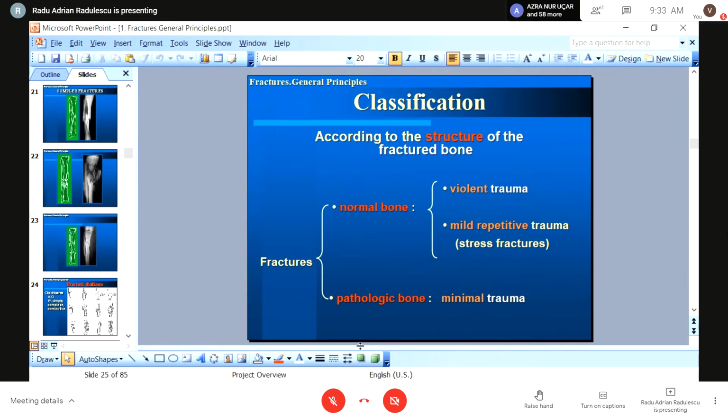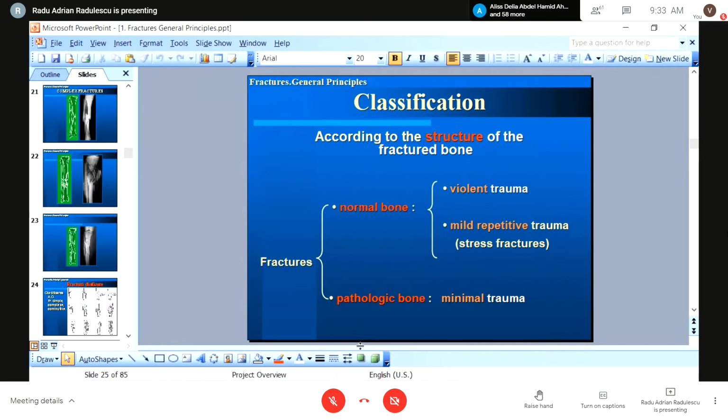Also, we have to emphasize the fact that we may have fractures on normal bone and on pathologic bone. Of course, the so-called traumatic fractures are fractures on normal bone.